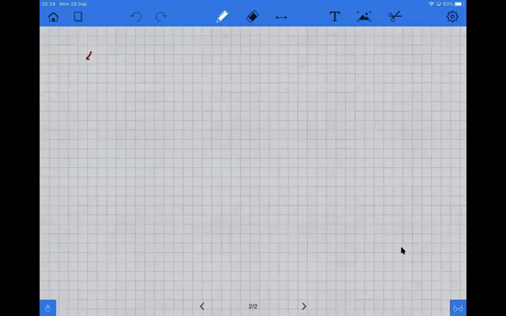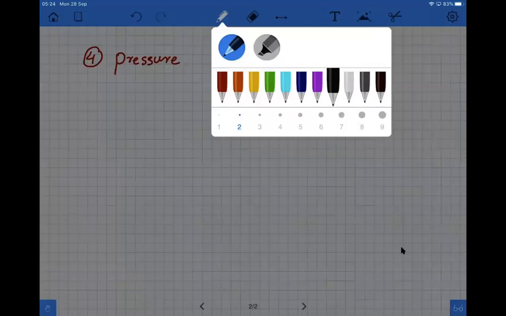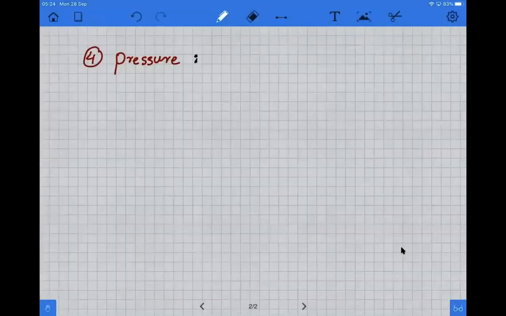Quantity number 4 is pressure. We have to write base units of pressure. Pressure is a scalar, and unit of pressure is Newton per meter square or Pascal.